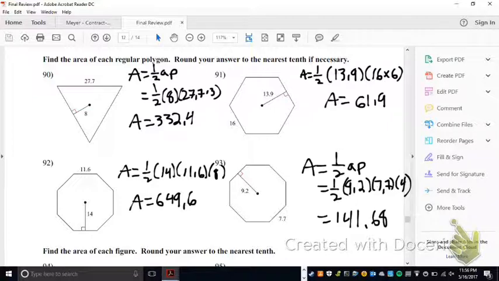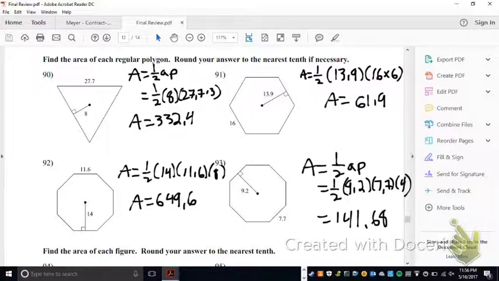So 9.2 times 7.7 times 8, divided by 2 equals, yeah, so I did it wrong. That's actually 283.36.